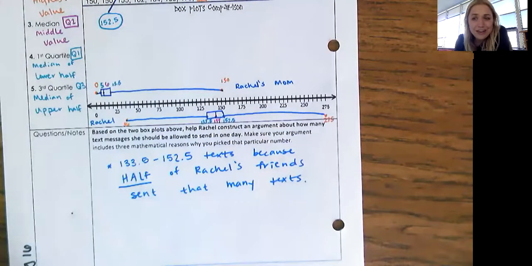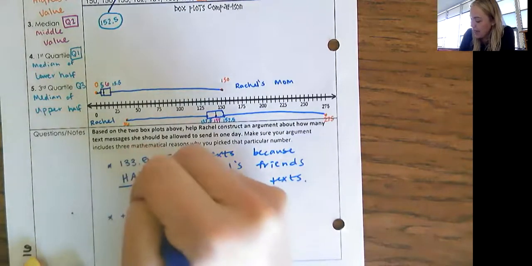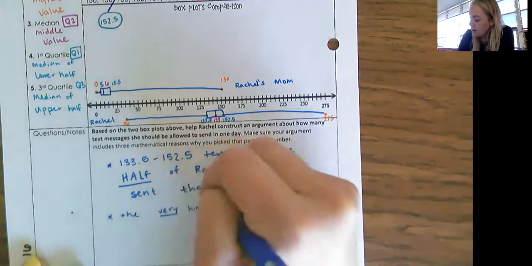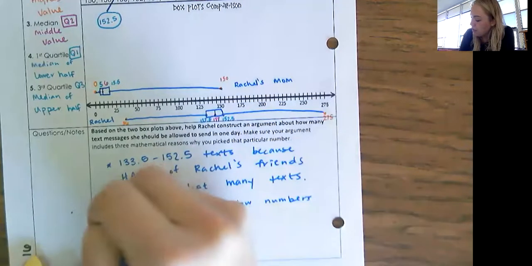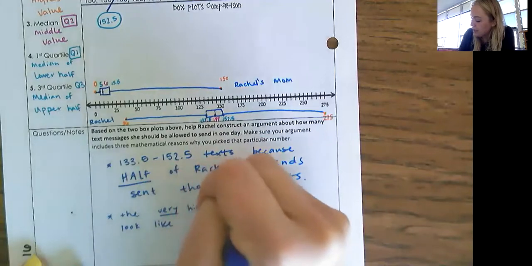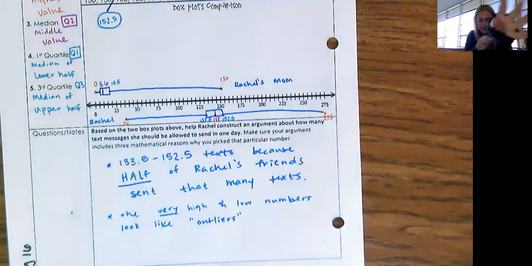Does it really fit in to where most of her friends are? No, we sometimes even call those outliers. So we're going to say the very high, and I'm going to underline very, the very high and low numbers look like outliers. The word outlier means it lies away from the rest of the data.